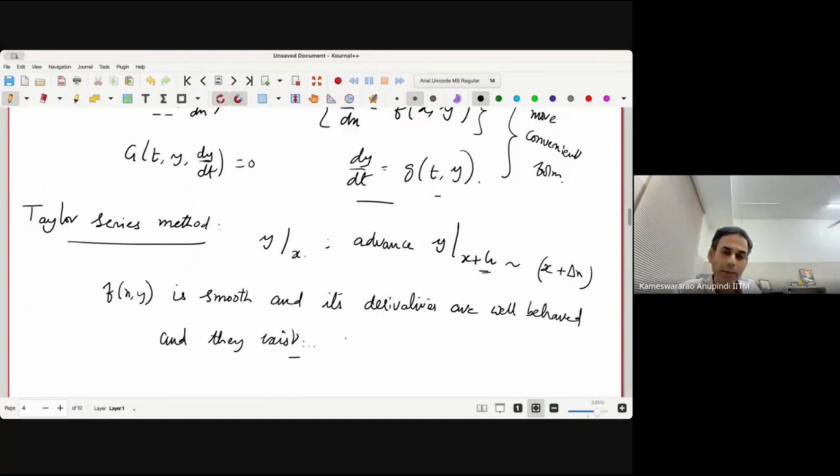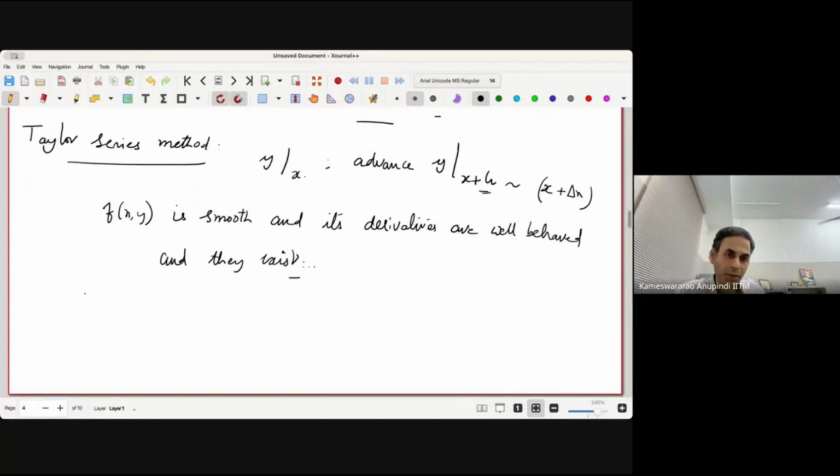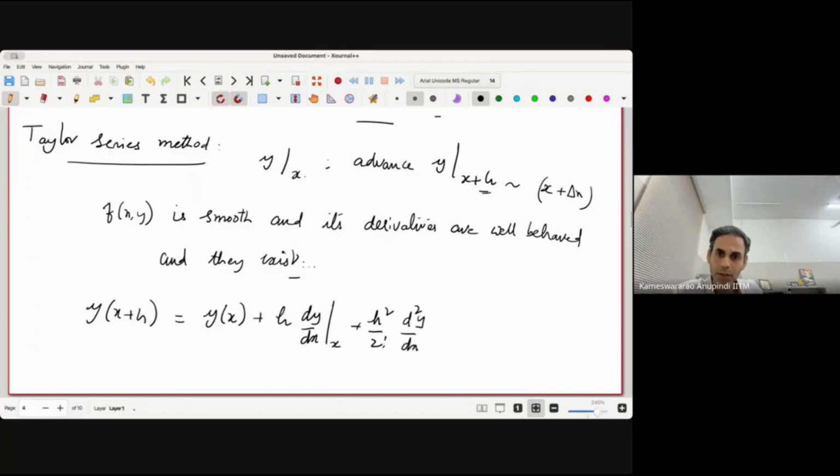With that, we will be able to apply this Taylor series method, which comes directly from its definition. So if I were to expand what is y at x plus h using Taylor series expansion about y of x, then we have y of x plus h times dy by dx at x plus h squared by 2 factorial d square y by dx square at x plus h cube by 3 factorial d cube y by dx cube at x and so on, right? That's what we have.